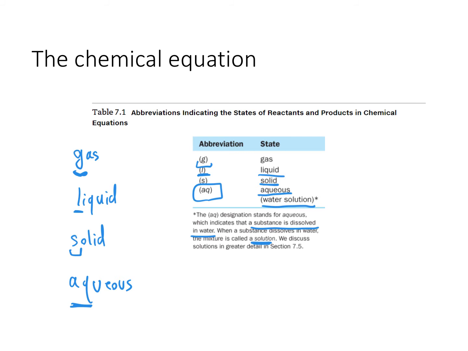If it doesn't dissolve, and you can see the substance that you're mixing, you have a heterogeneous mixture, and it won't be a solution anymore. Does that make sense? Any questions? Okay, so you should know these abbreviations. It's just the first letter or the first two letters, so it shouldn't be too difficult to remember. Just remember aqueous means your substance is dissolved in water.